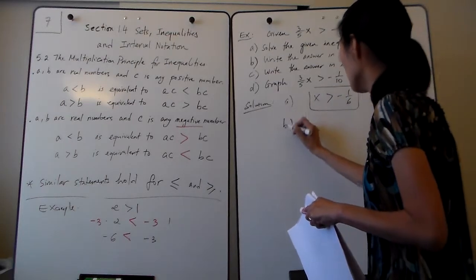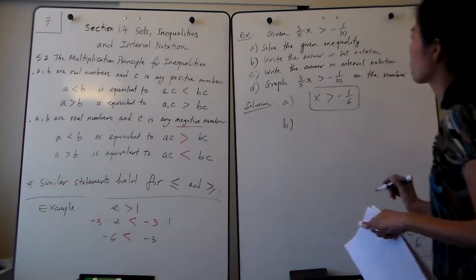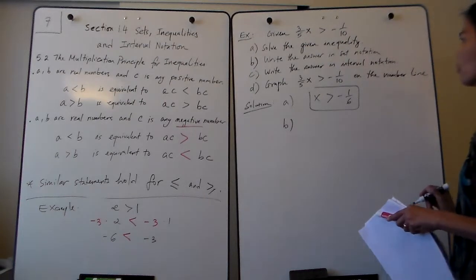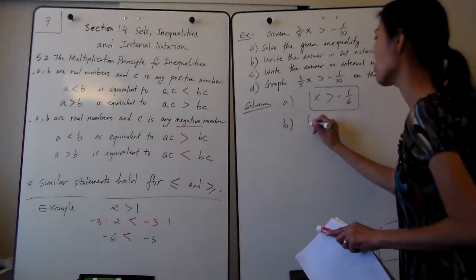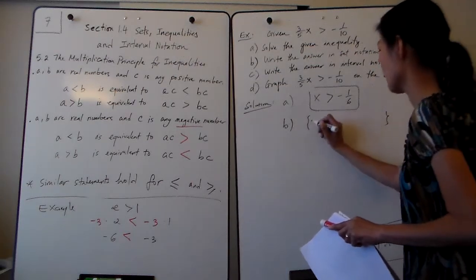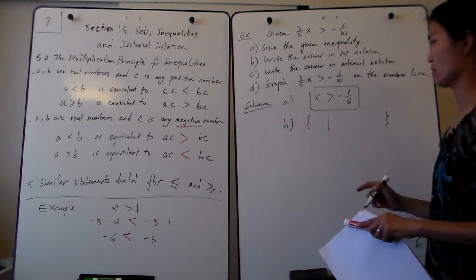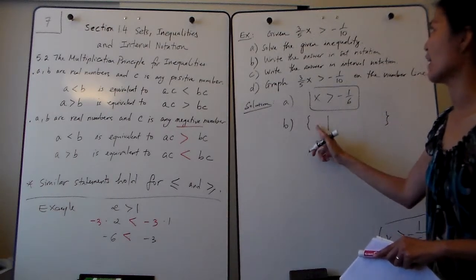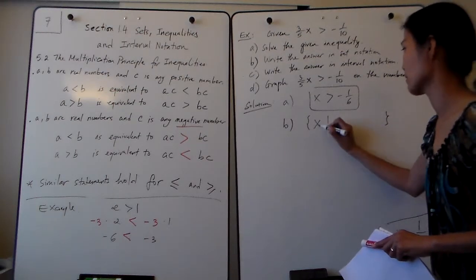For part B, we need to write the answer in set notation. Remember, set notation means you're going to use the braces, okay? So first, we need a bar. So what variable is that? In this case, it's x, right? So you just copy that variable x right here.